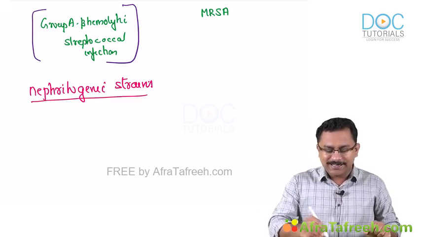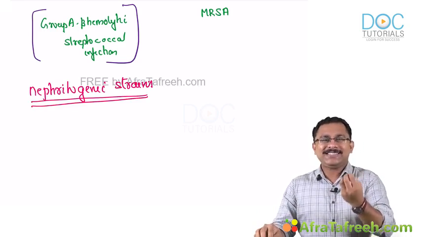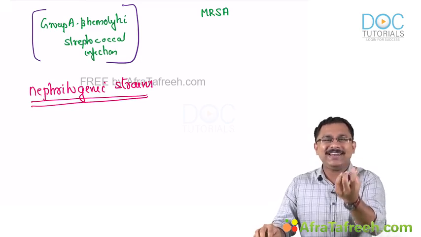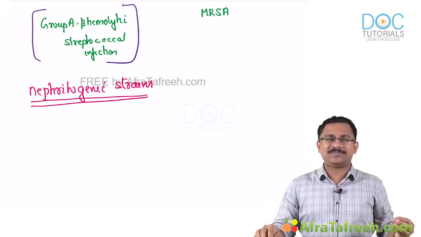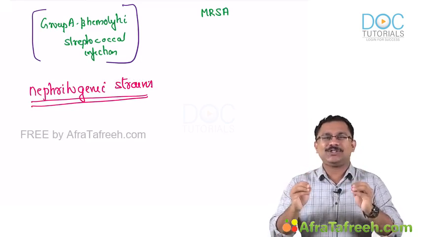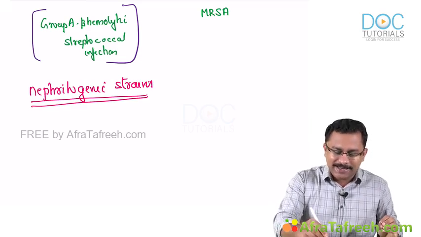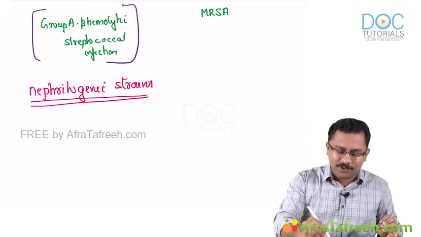The nephrogenic strains of group A beta hemolytic streptococci, let's try to understand what is the antigen that triggers the immune response. In this organism, there should be some antigen that triggers the immune response.